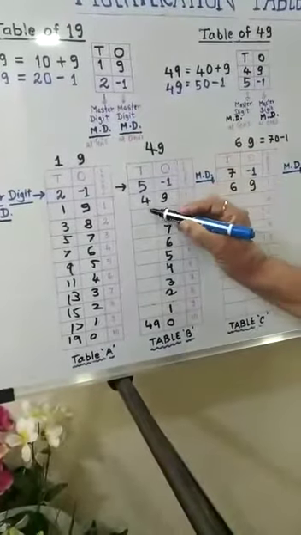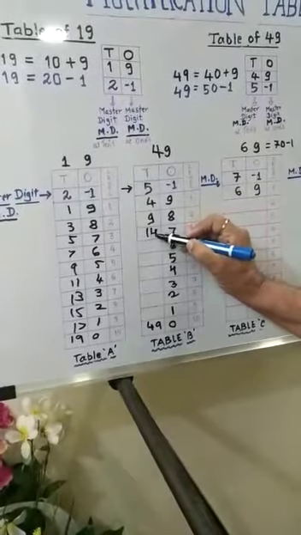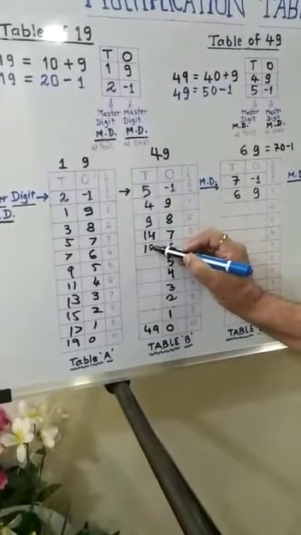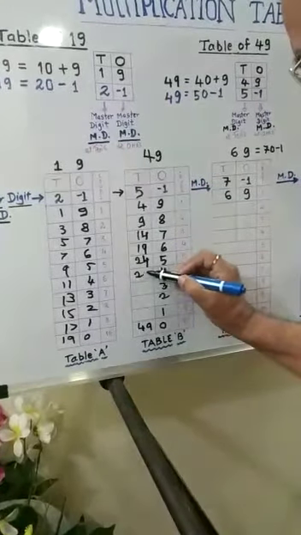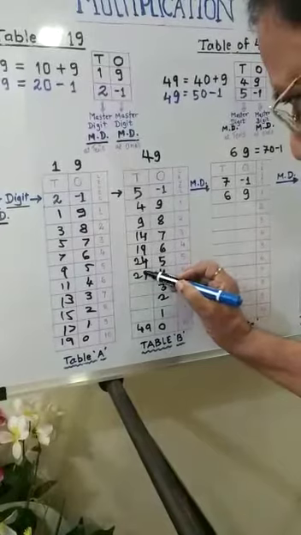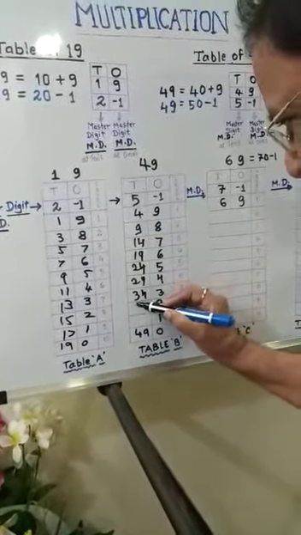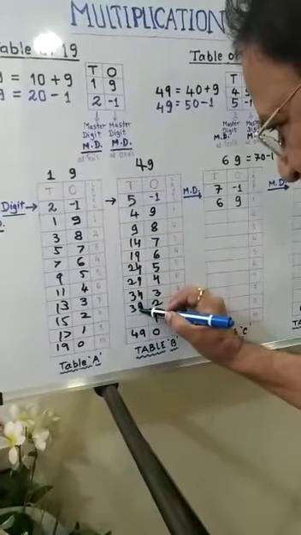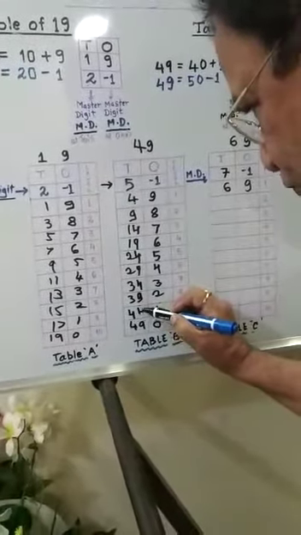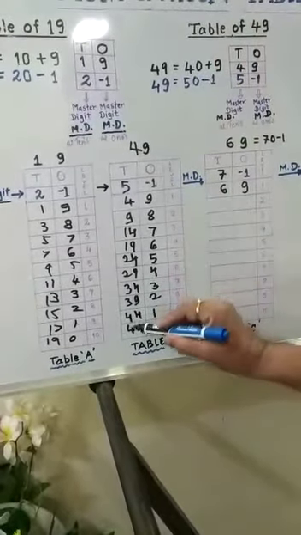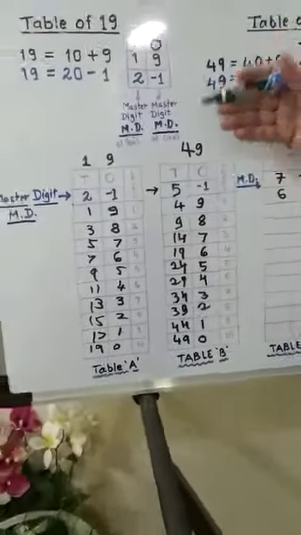So 4 plus 5, 9. 9 plus 5, 14. 14 plus 5, 19. 19 plus 5, 24. 24 plus 5, 29. 29 plus 5, 34. 34 plus 5, 39. 39 plus 5, 44. And 44 plus 5, 49. So the difficult table of 49 is ready.